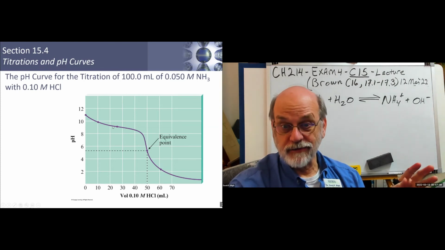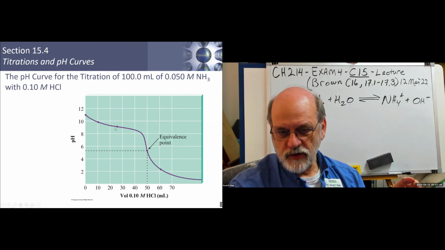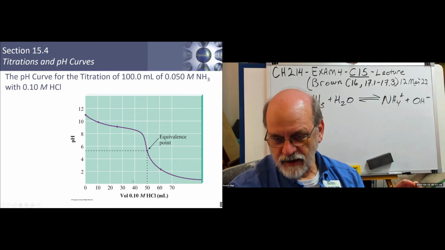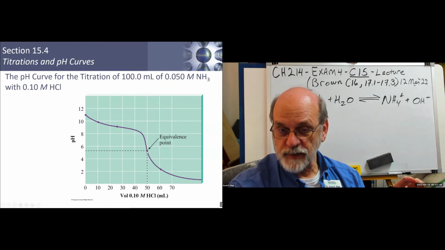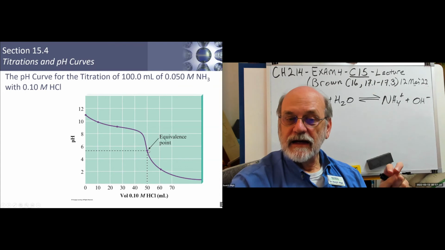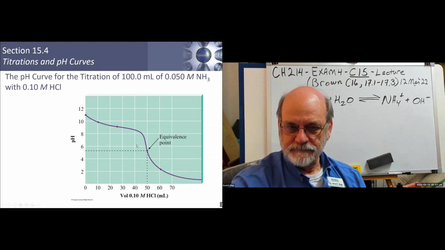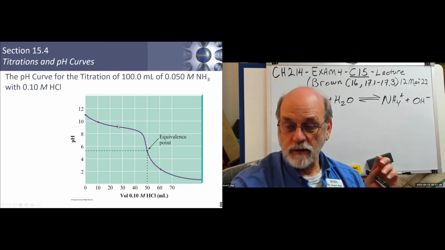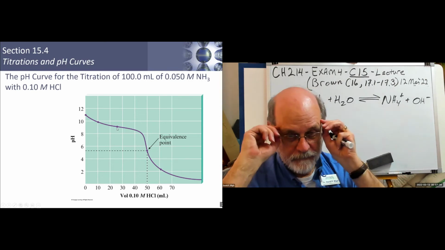It's not perfectly flat, but your buffer is exactly 1/2 the volume here of the hydrochloric acid. Equivalence occurs here at this pH, okay, which is acidic. And the buffer is at the pK for ammonia here in the neighborhood of 9.